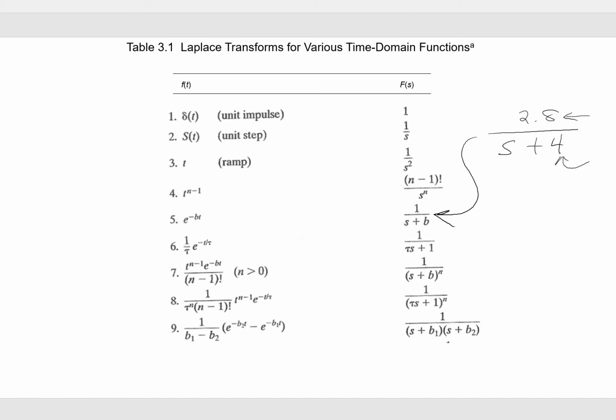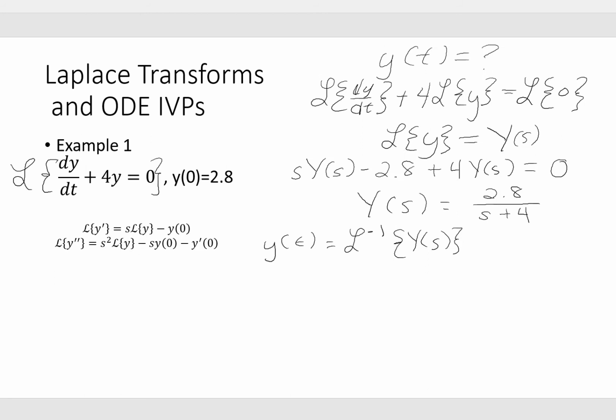If we factor out 2.8, which we're allowed to do by the linearity principle, we can see that b would be equal to 4. Okay, so let's do that. We can see that we could factor out 2.8 and take the inverse transform of 1 over s plus 4.